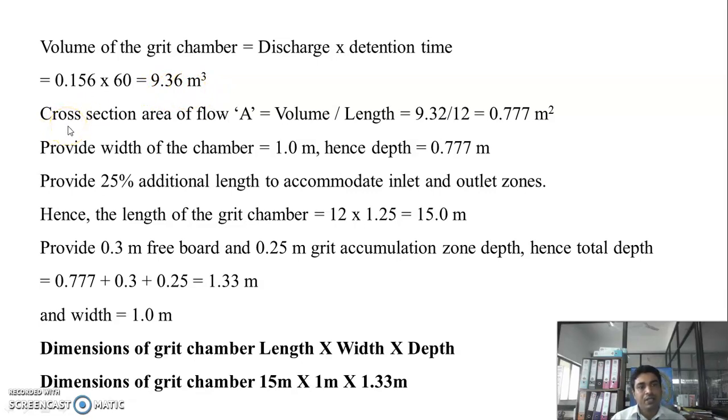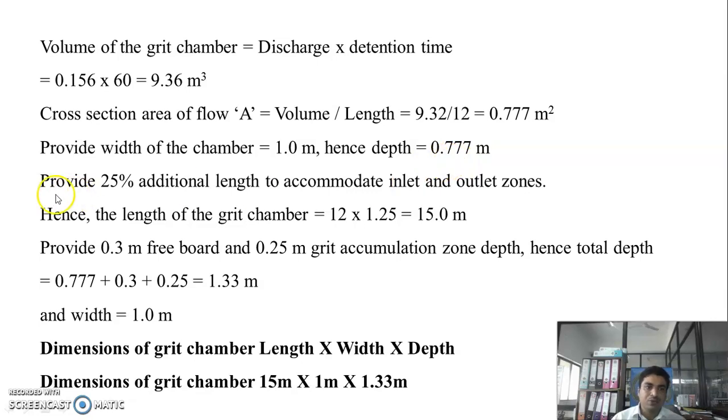Next parameter is the cross section area of flow, which is volume divided by length: 9.36 divided by 12, so the area is 0.78 square meters. We provide the width of the chamber as 1 meter, and therefore the depth of the grit chamber is 0.77 meter.